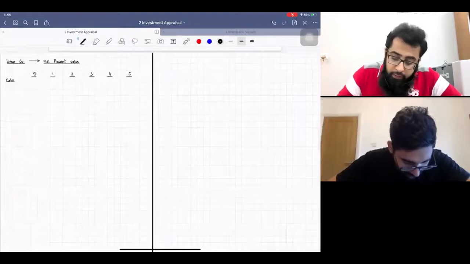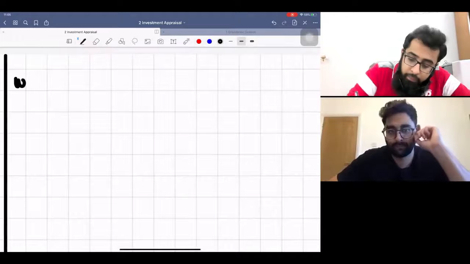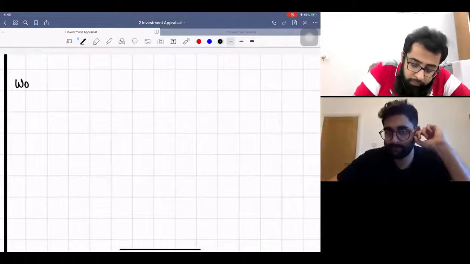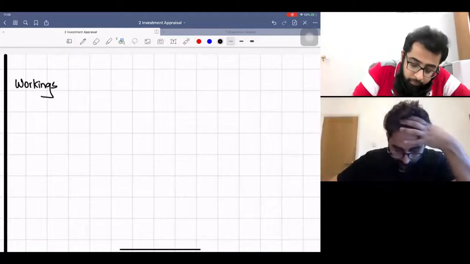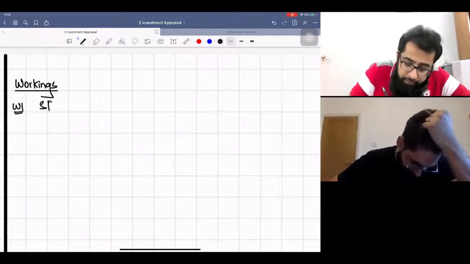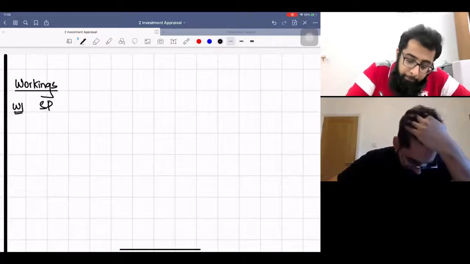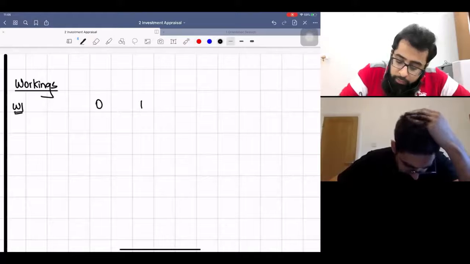So I'm making some workings. Working one: selling price, year 0, 1, 2, 3, and 4.